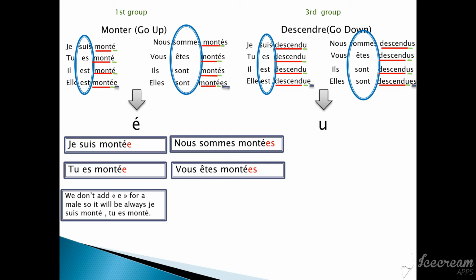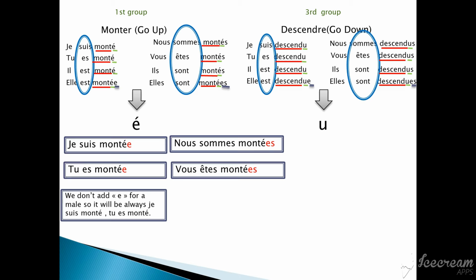So this feature of separating male and female exists only with the verb to be, which means that whenever you use a verb with the auxiliary to be to make the past simple or the past continuous or any other tense, as long as you use the verb with the auxiliary to be, you have to play with the letter e to separate male from female.